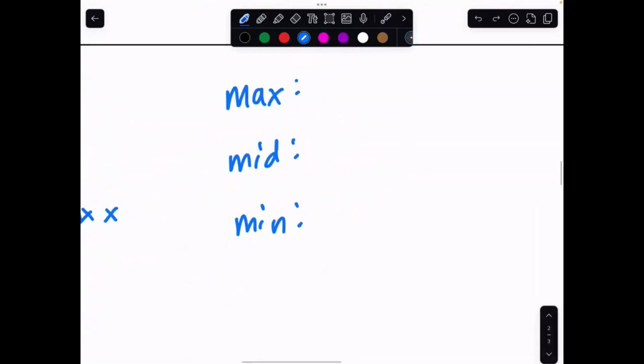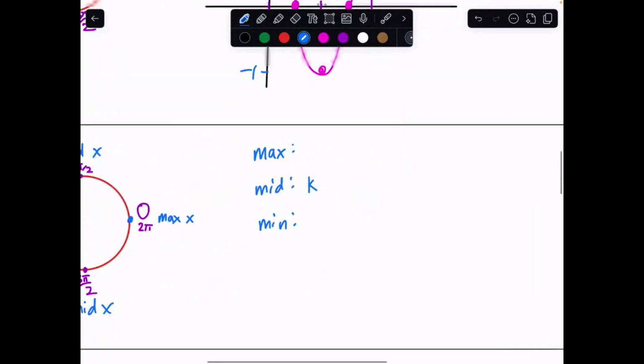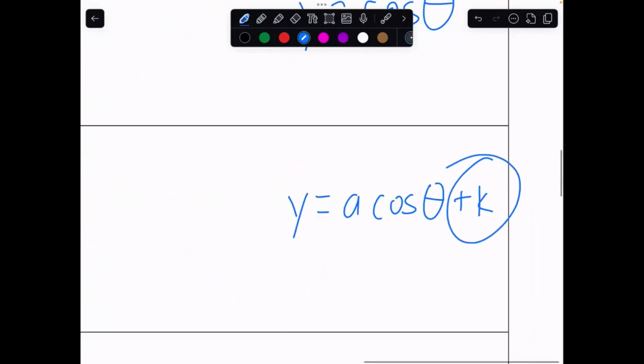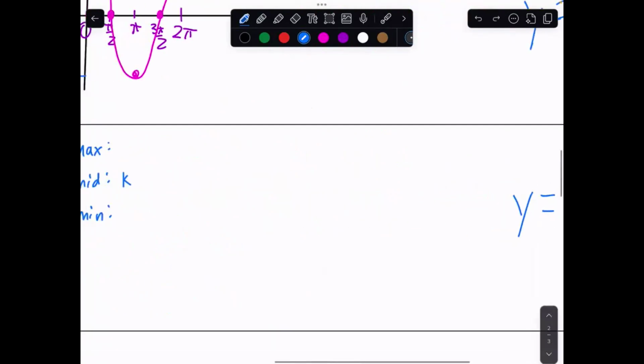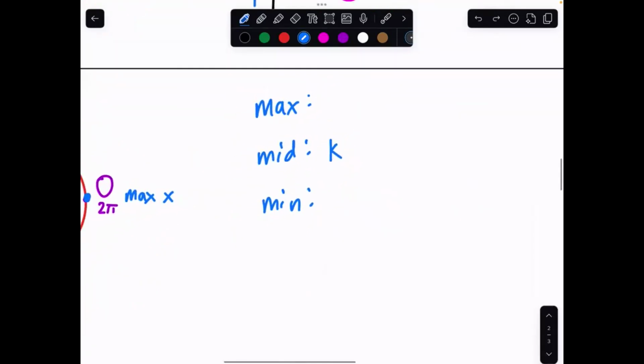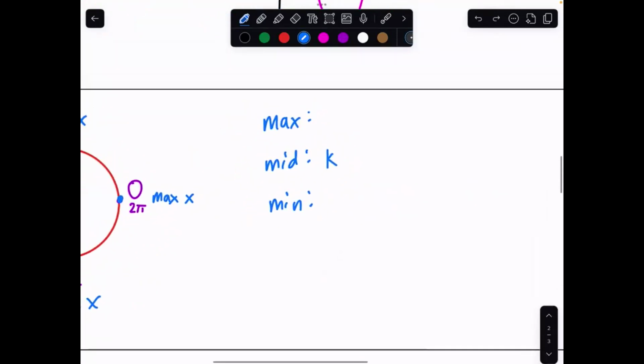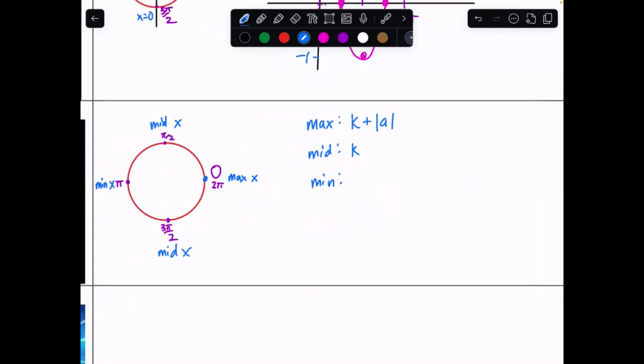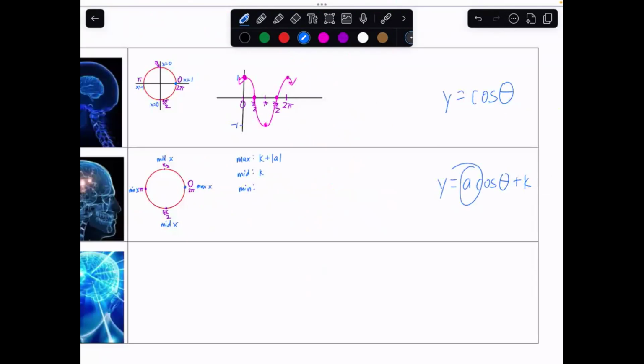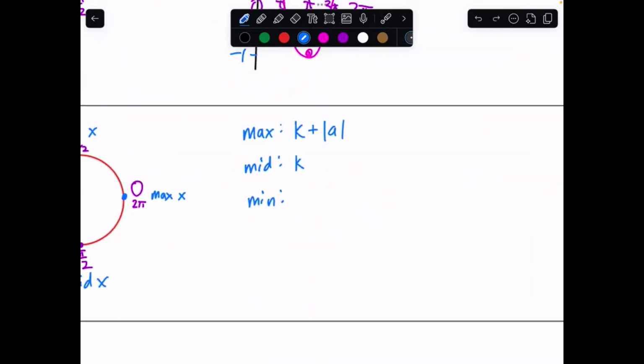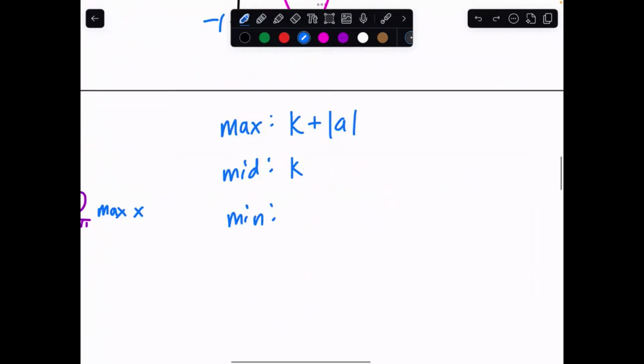The mid value is always simply going to be k, which is the vertical shift, vertical translation. To get to the maximum, you start at that midline, but then you can add the absolute value of a, the coefficient of cosine. And then to get to the minimum, you can do k minus the absolute value of a.